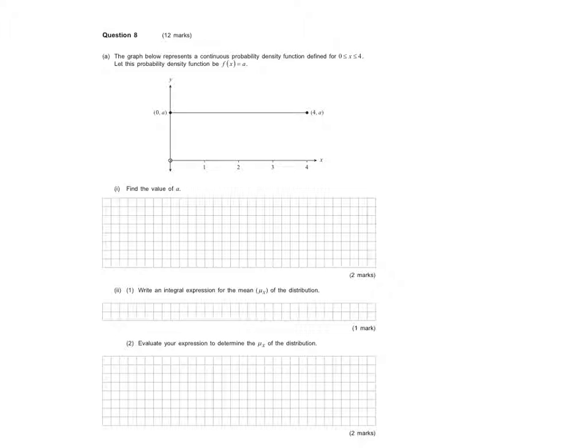As it has been given that it's a continuous probability density function, we know that the area under the line needs to be equal to 1.